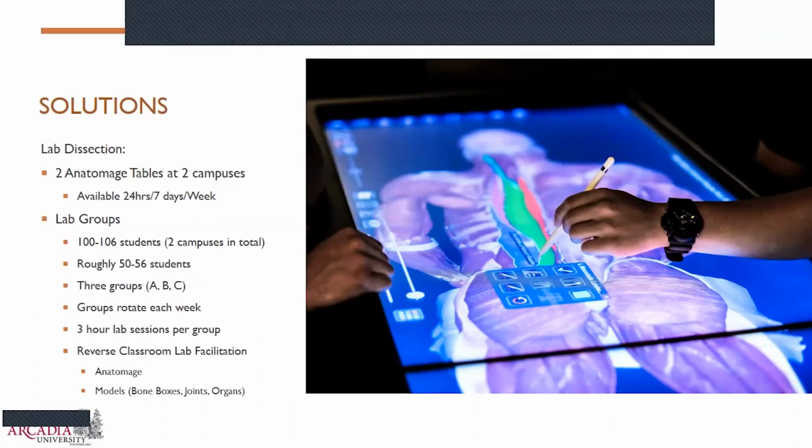And with the Anatomage table, what we were able to do is, as you're doing a dissection, you can save your dissection into what is called a preset.